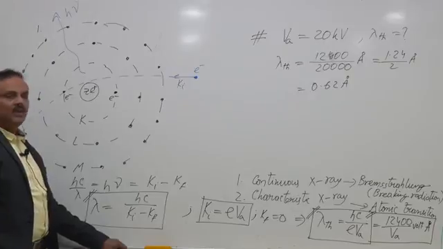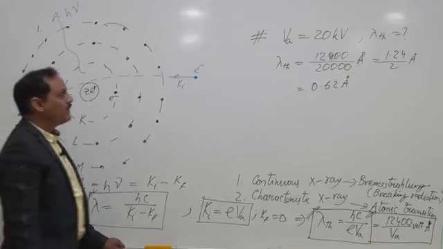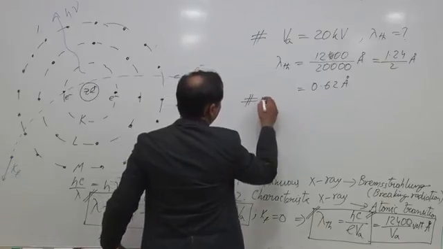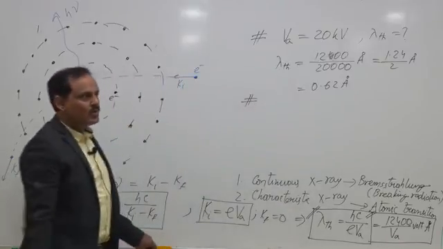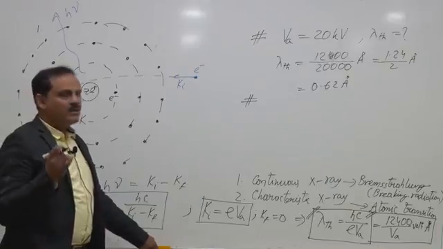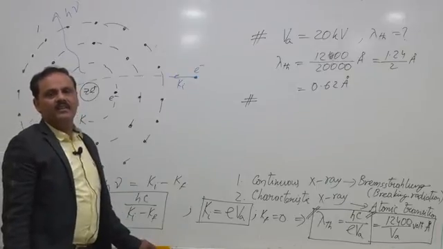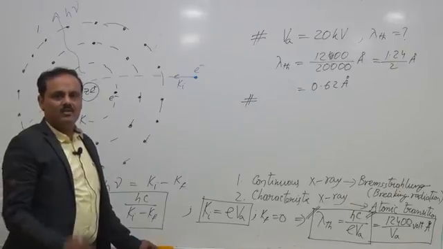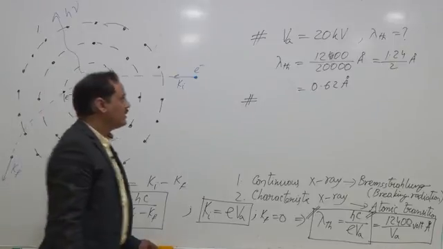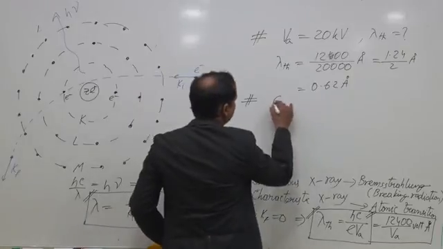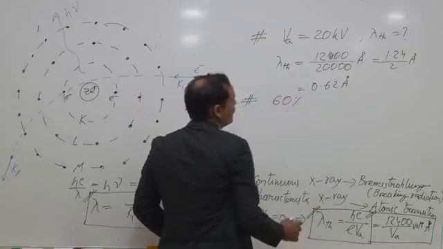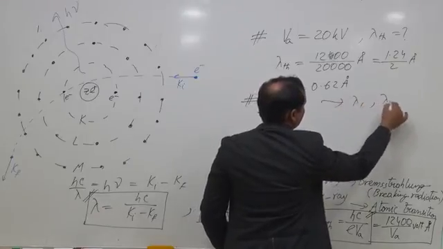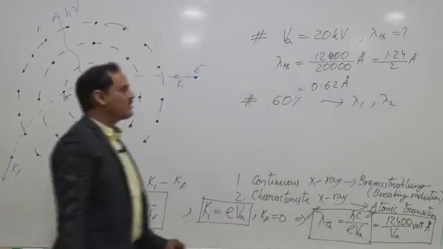Now, the next question. In the previous problem, if the bombarded electron loses 60% of its kinetic energy in each collision, then find the wavelength of the first two emitted photons.